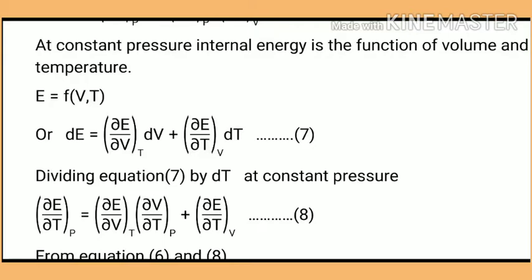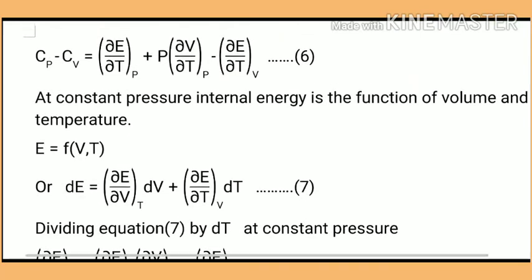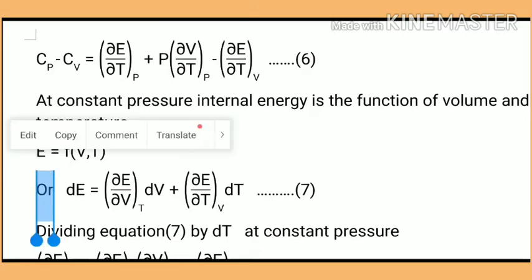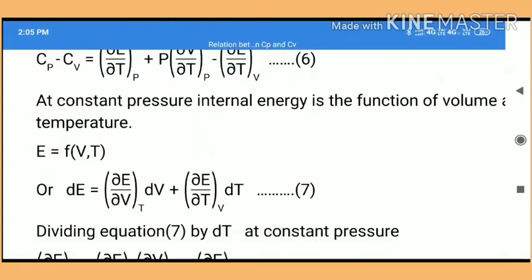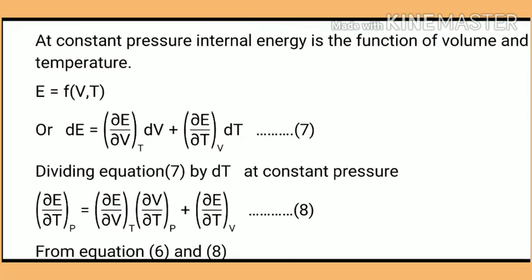So its value is written down here. From equations 6 and 8, we get... this is equation number 6: Cp minus Cv is equal to ∂E/∂T at constant pressure, and the value of this term is derived from equation number 8, ∂E/∂T at constant pressure.